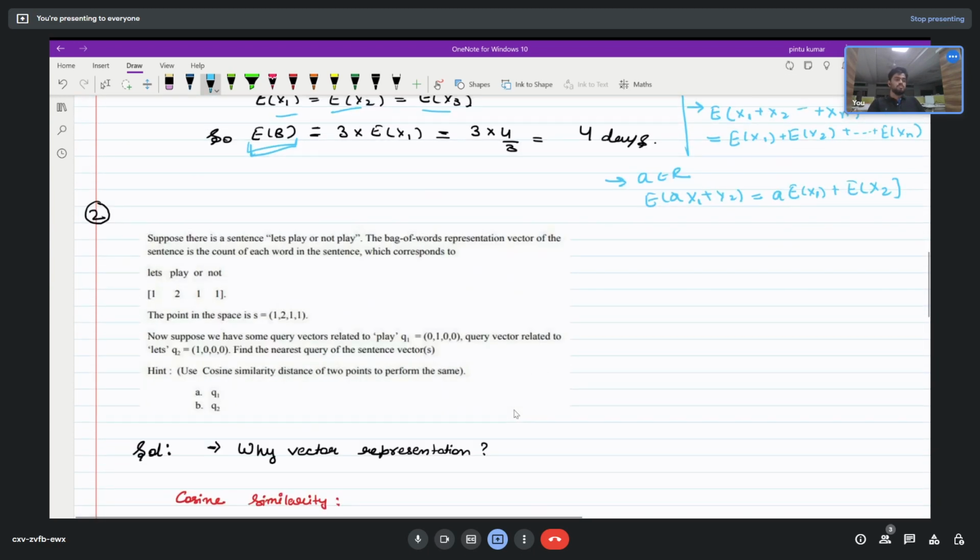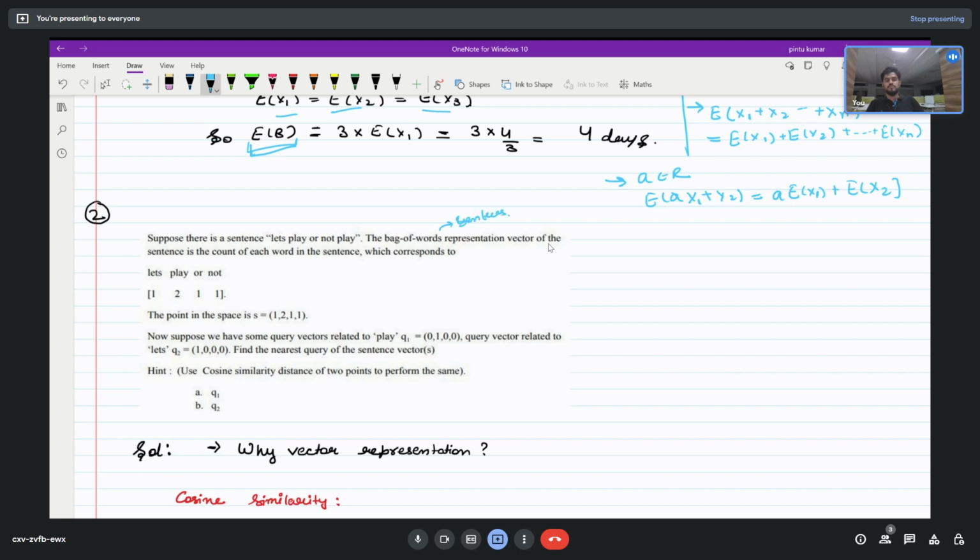Now let's come to our second question. Suppose there is a sentence, let's play or not play. The bag of words representation for the sentence is the count of each word in the sentence. Bag of words is a famous representation for sentences.